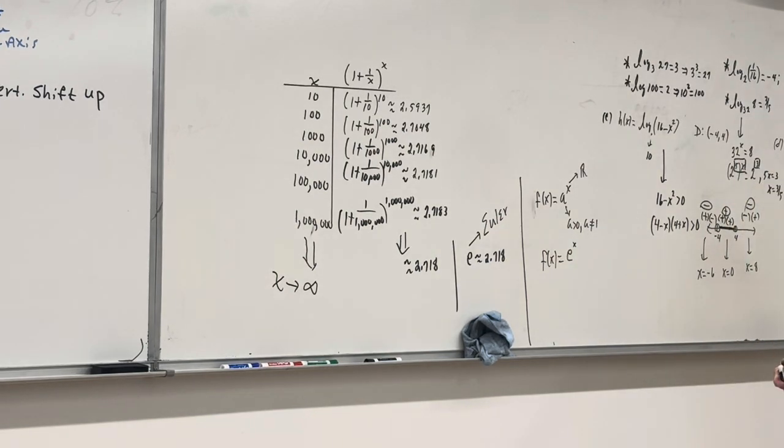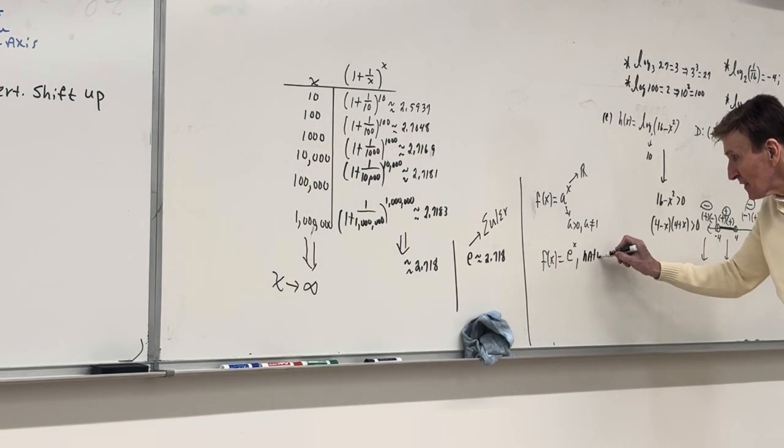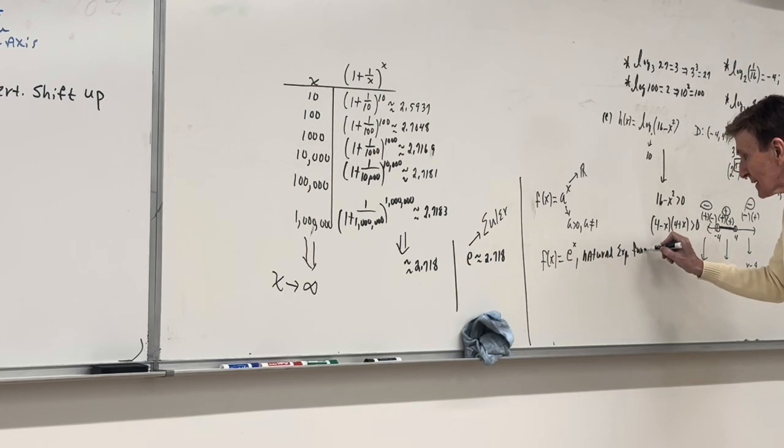Can I not use e as the base? It says as long as the base is greater than 0, and 2.718 is certainly greater than 0, right? And when I do that in mathematics, especially higher mathematics, this is an exponential, but they call this a natural exponential function that has a base e.